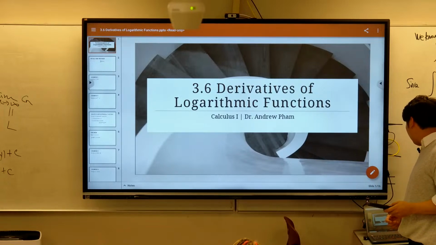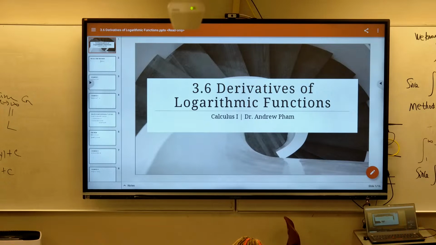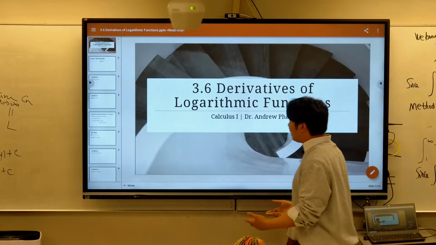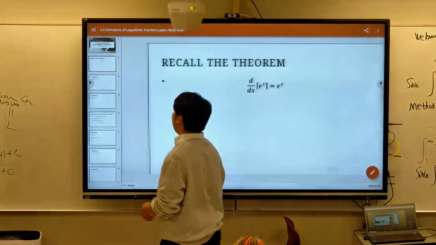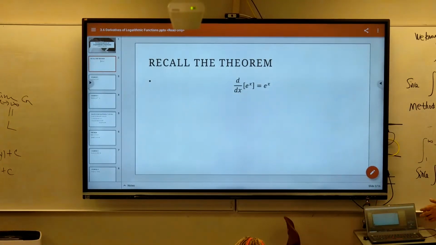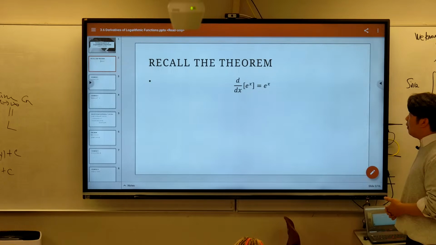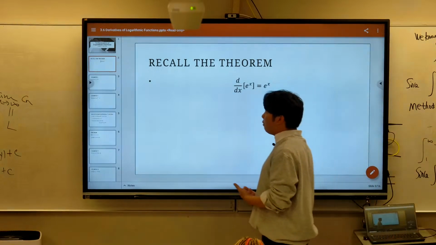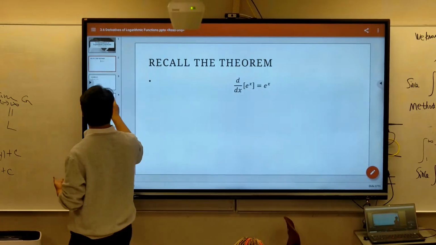So we know that the derivative of e to the x is, in fact, e to the x, like so. This is something that we learned probably the first time we learned about derivatives. All right, so we know this. So let's just do some practice with what we know about e to the x.